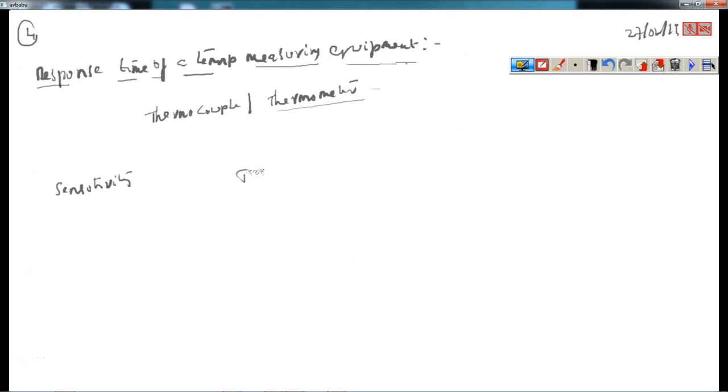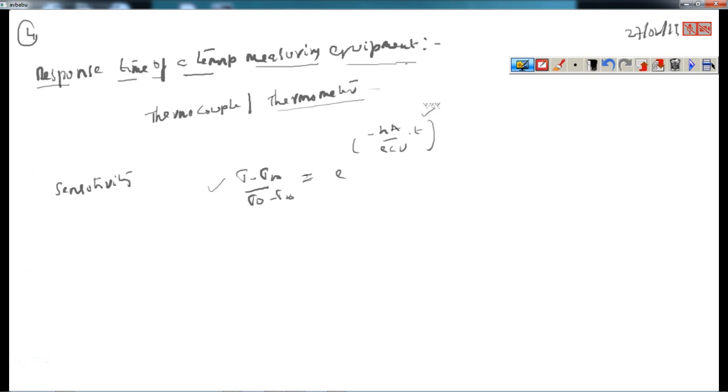(T minus T infinity) by (T zero minus T infinity) is equal to e to the power of minus hA by rho CV into t. This is related to lumped heat capacity analysis, right?